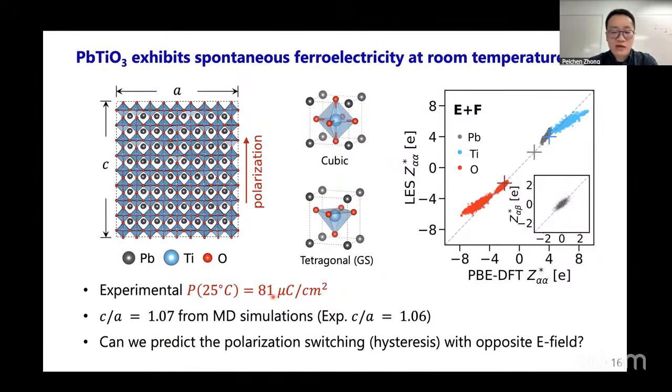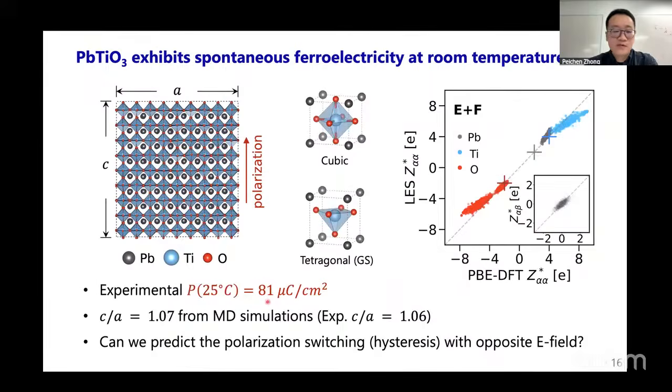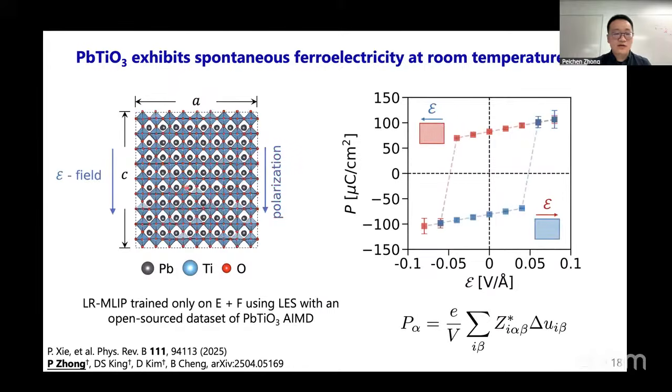Another nice thing is that if we compute the polarization from the molecular dynamics simulation, the magnitude of the derived quantity agrees pretty well with the experimentally measured quantity. That's 81 microcoulomb per centimeter squared, and the one derived from MD simulation is almost the same scale. And what is even more crazy is that once the system is equilibrated, you can actually add the external electric field to see how the system evolves.